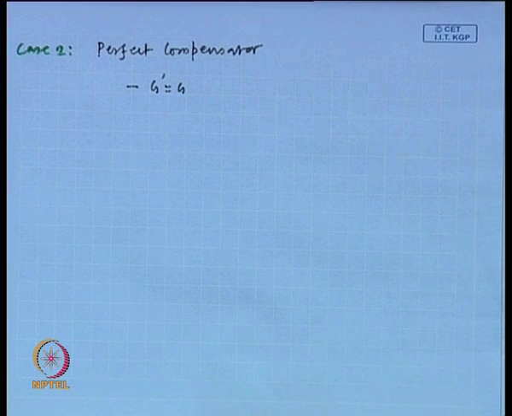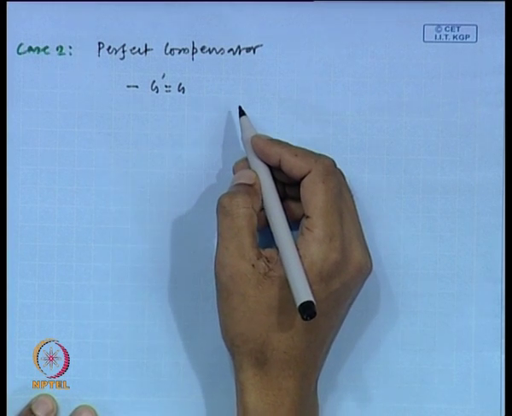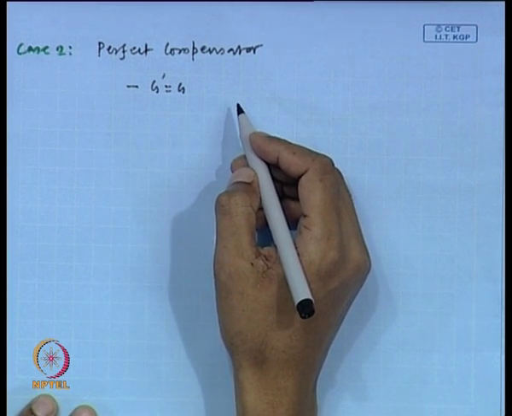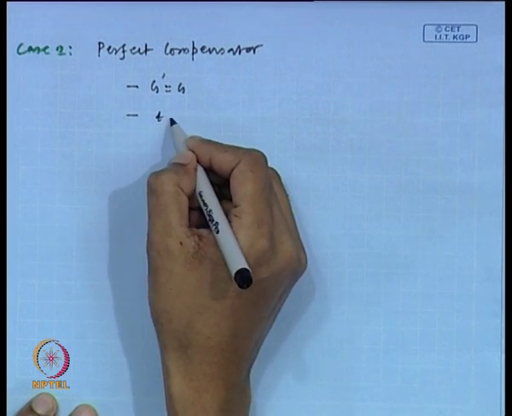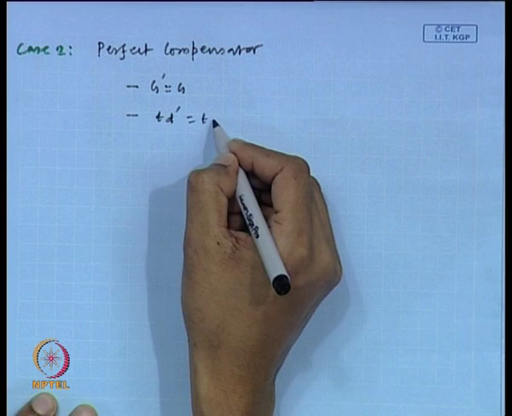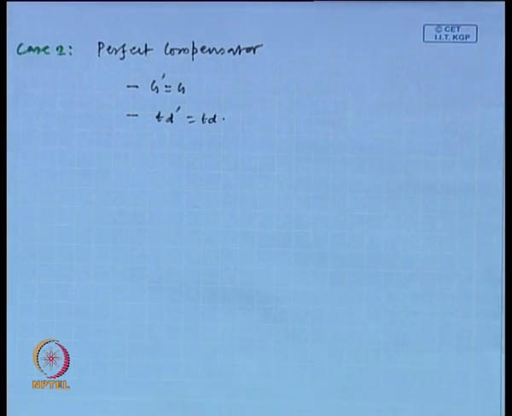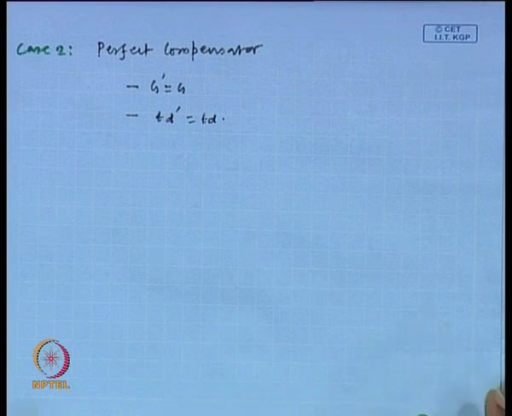Perfect compensation is possible when z prime is equal to z, that means process model is perfectly known. Secondly, Td prime is Td, that means the dead time value is exactly known.